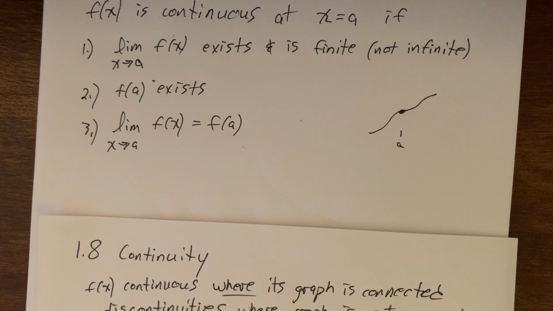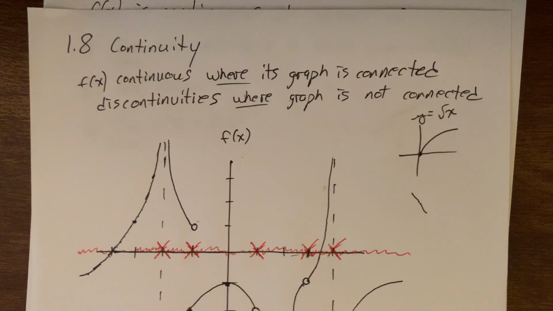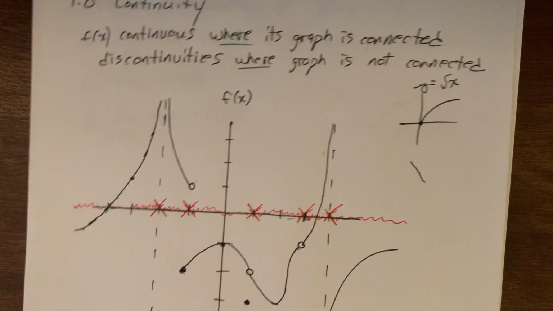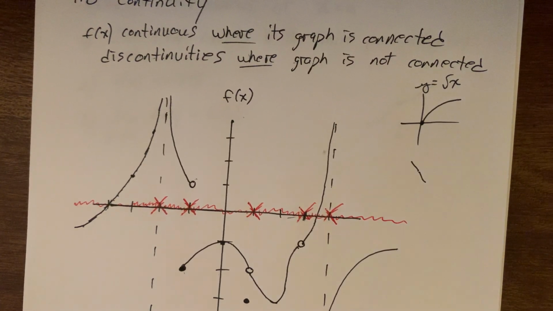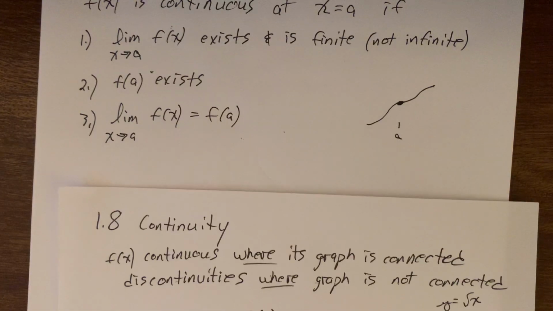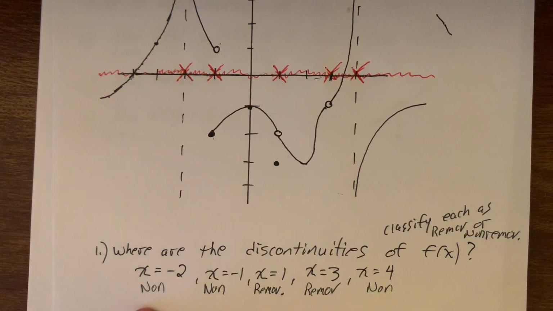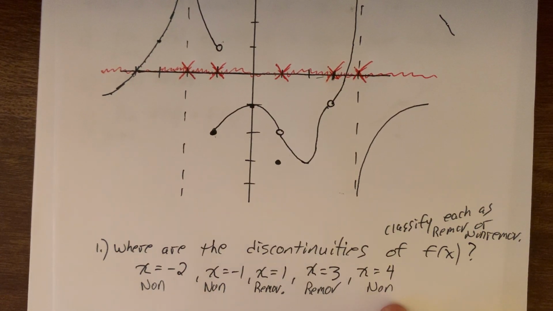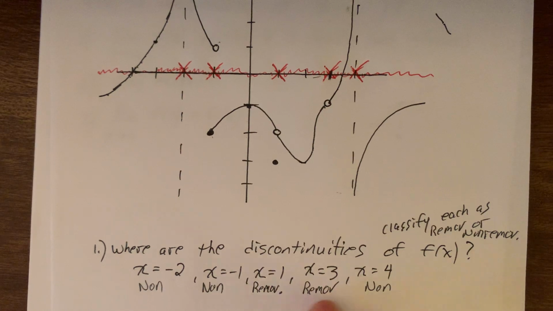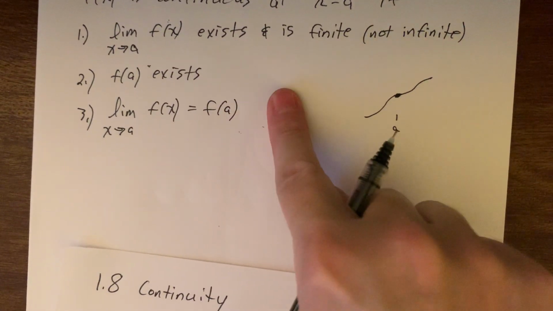Okay, the second thing I want to point out here, before we move on and start getting to some equations: look at the definition and let's see what happens at the spots where we had non-removable discontinuities versus where we had removable. Where did we go wrong here?